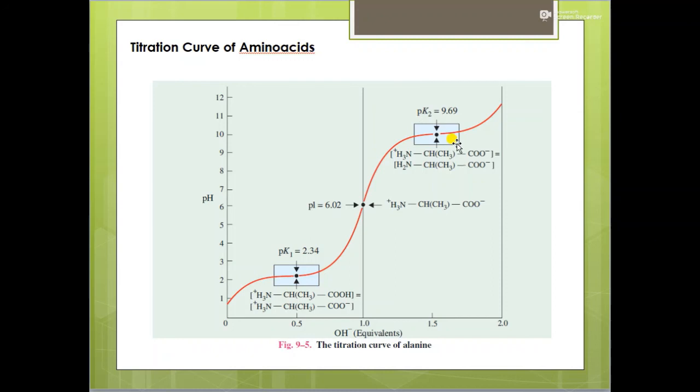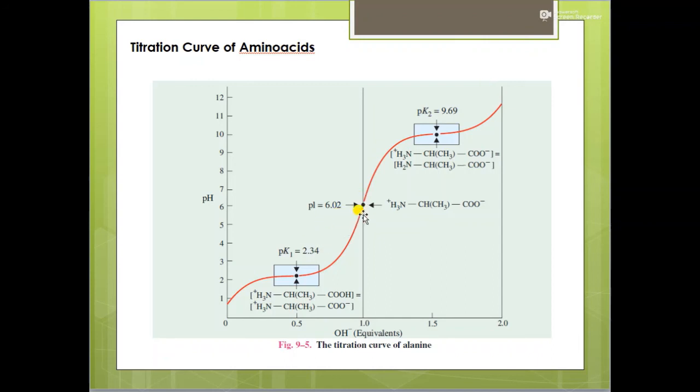I told you every substance can act as a good buffer at a pH equivalent to its pKa. So it can serve as a good buffering agent around 2.34 and also around 9.69. It also gives us information regarding the relationship between the net electric charge of the amino acid and the pH of the solution.